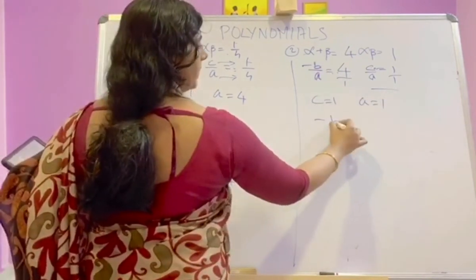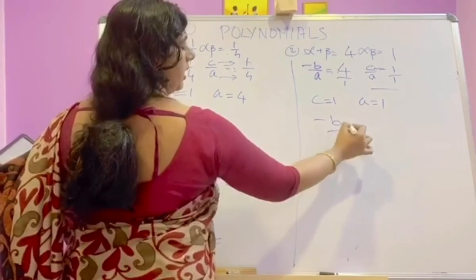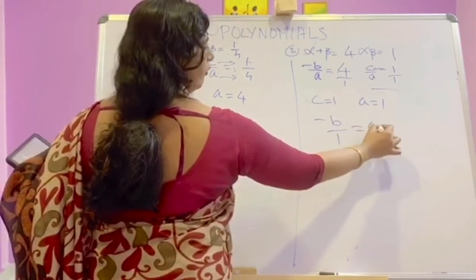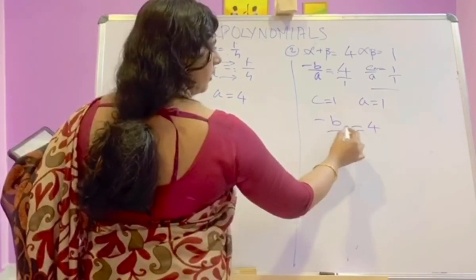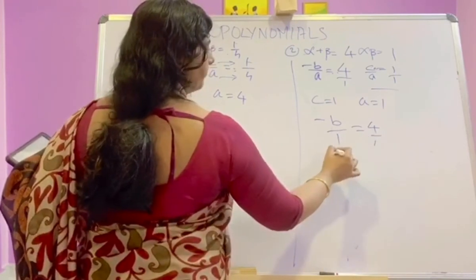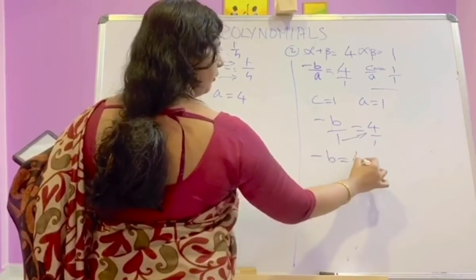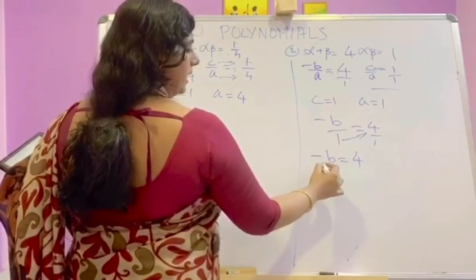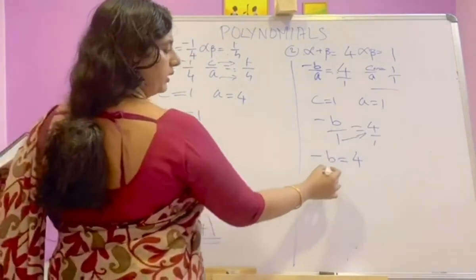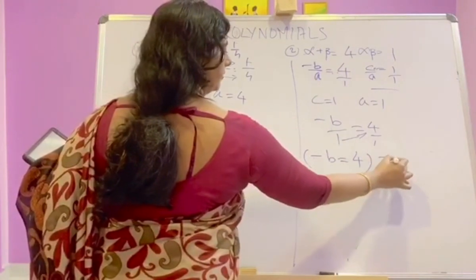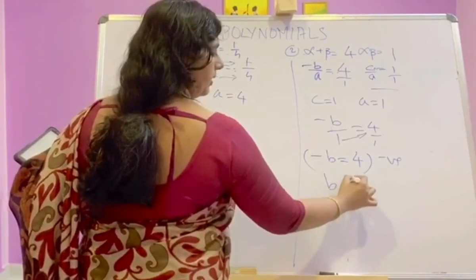Here minus b by a means minus b by 1 is equal to 4. That is 1. Now taking this 1 to the side, negative b equal to 4. 1 into 4 is 4. Negative b is equal to 4, then whole into negative, you will get b equal to negative 4.